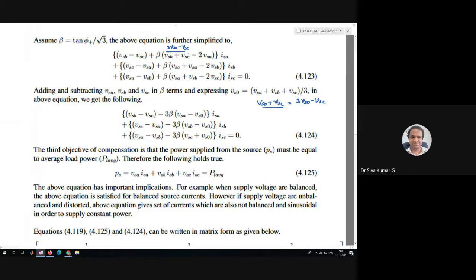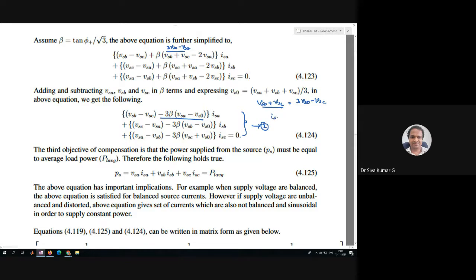Here we have a plus and there is a rearrangement, and we get minus of 3 beta. Sorry, here it is VSA. We get minus 3 VSA. You can take out common and minus also, and we get this expression. This is the expression which we are considering in evaluating the ISA.